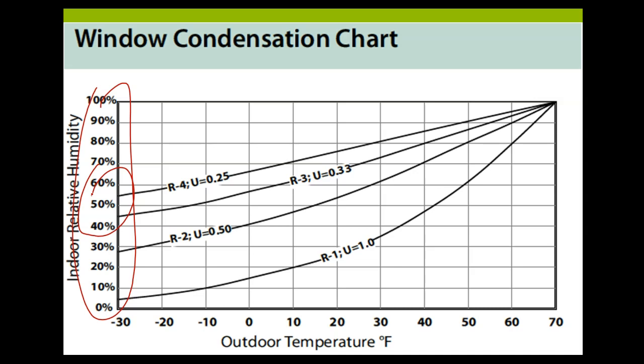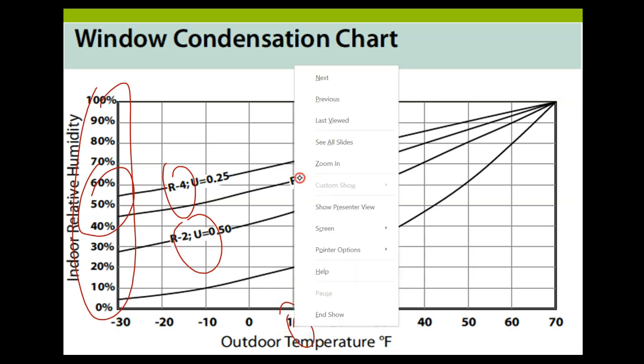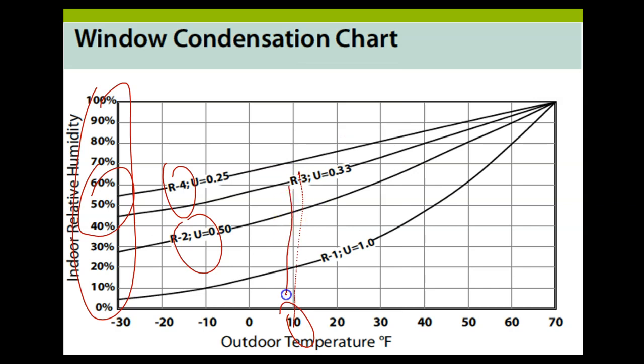If the window resistance is between 4 and 2, and this is the outdoor temperature, let's say around 20 outside, 10 outside, so 10 and 50 humidity, that's when you start to have condensation.